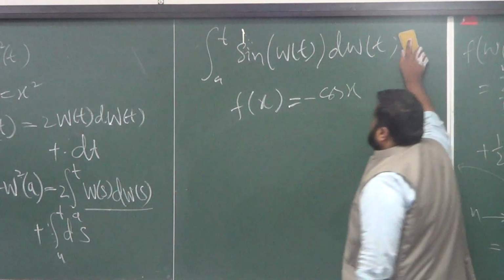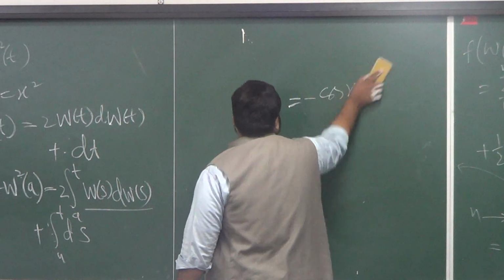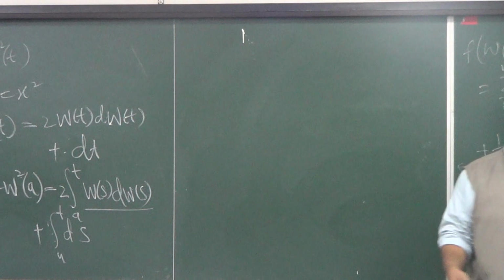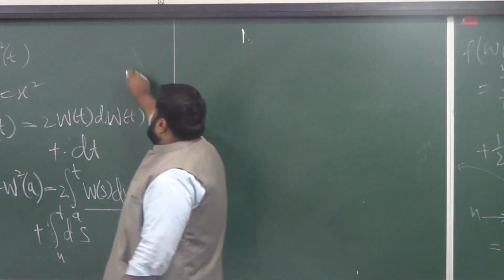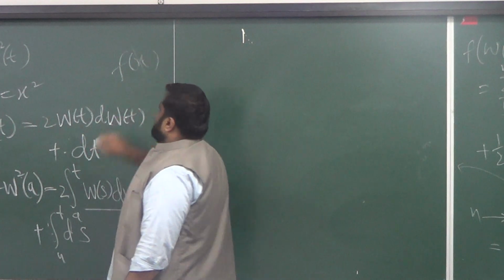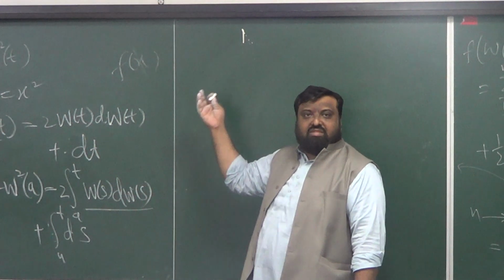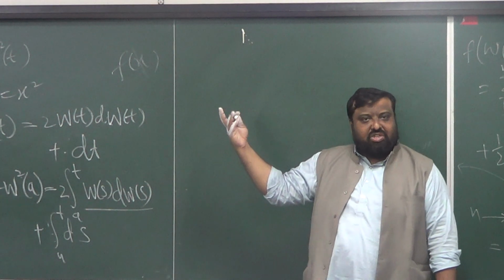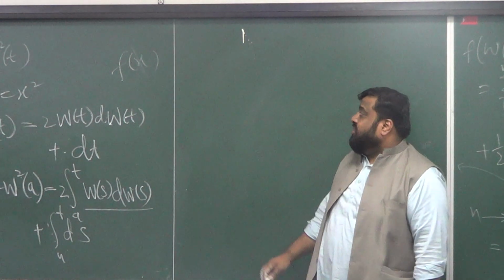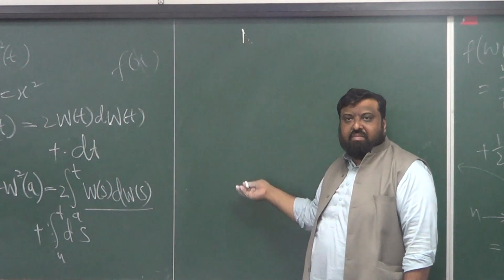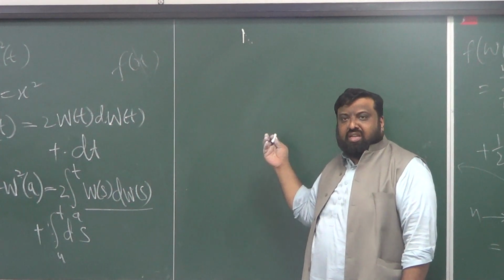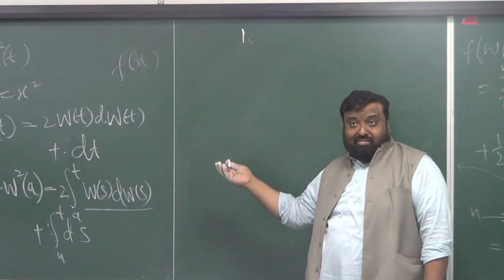So now what we're going to do is extend this analysis. My function currently is like this. It's a function of x, where x is the Brownian motion. But it's an autonomous function which doesn't depend on time explicitly.